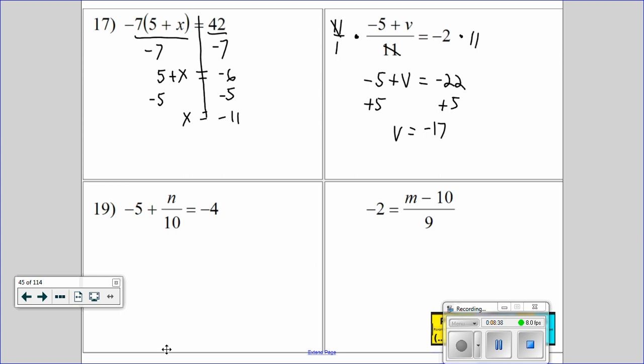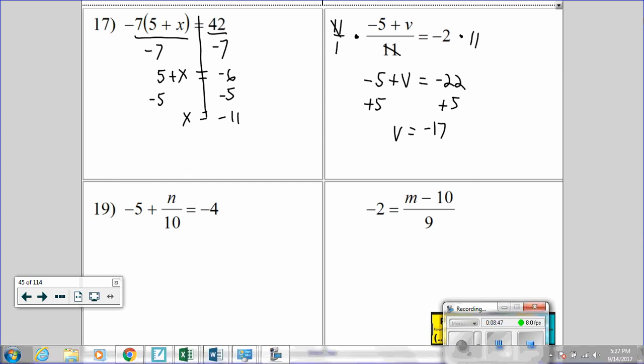Okay, let's look at a couple more examples. On the previous one, we had the parentheses as far as our multiplication with the negative 5 plus v. Here, what we want to do is work away from the variable, which is being divided by 10, and deal with the negative 5 first.